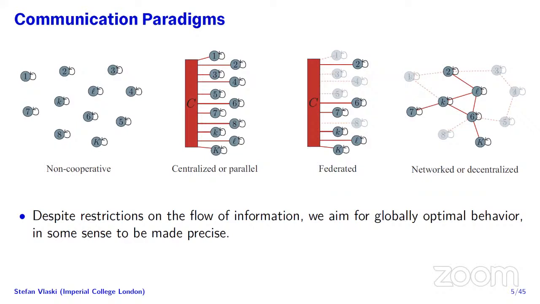Or there are considerations about robustness. If you have a fusion center where an individual link may fail, then the node is completely disconnected from the network as a whole, and you lose your intelligence. Or, of course, if the fusion center breaks down, then the whole system breaks down.